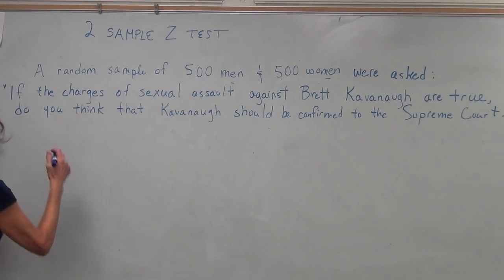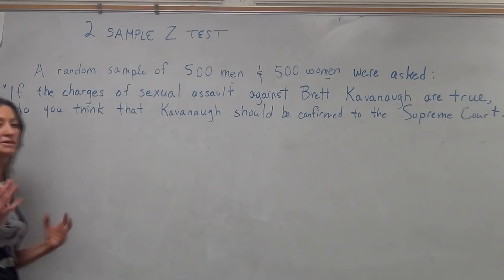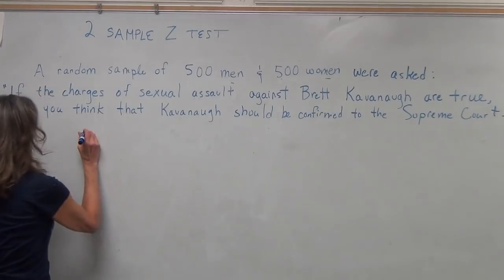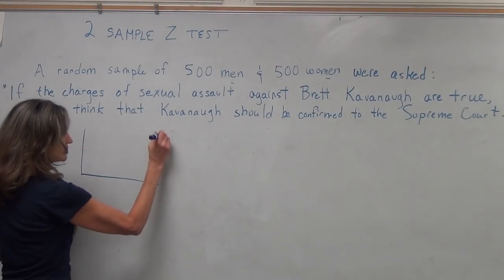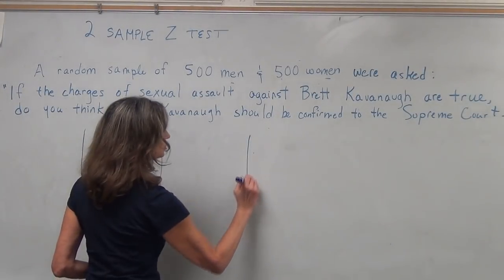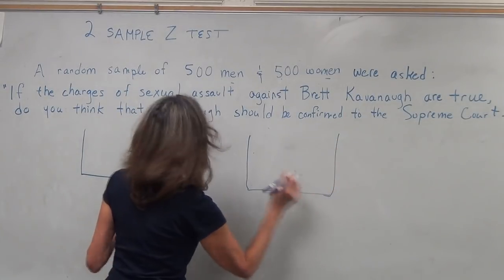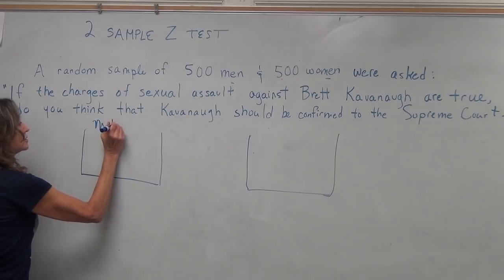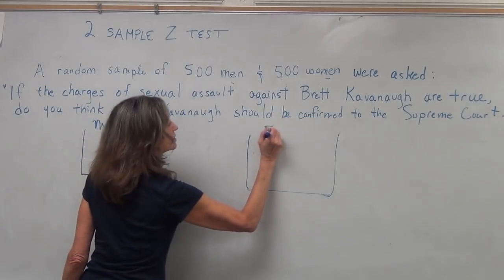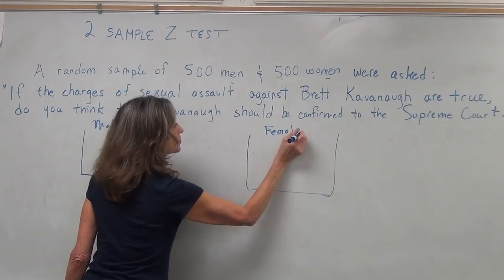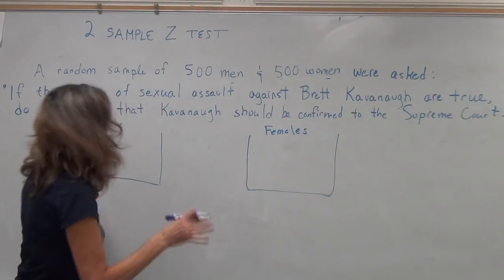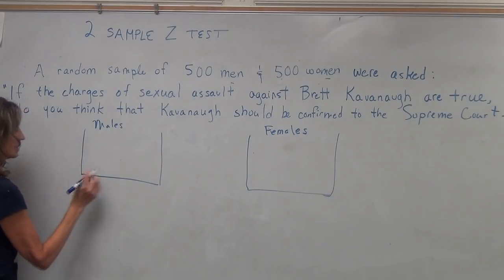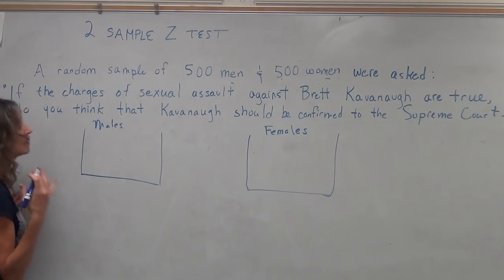Let's put it into the context of a box model. The population that they're asking here is all registered voters. And there are two populations here, two boxes, one for males and one for females. This was a nationwide sample, so in each box there are millions of tickets, and what's on the tickets?